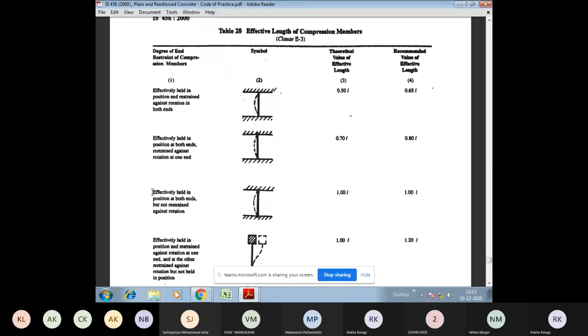Here, third category, that is the column is held in position at both the ends but not restrained against rotation. This is the same case which they have given in the example. So for that case, we are supposed to consider the effective length as 1L. So the coefficient is 1. So Lex is equal to Ley, that is equal to 3000 mm.